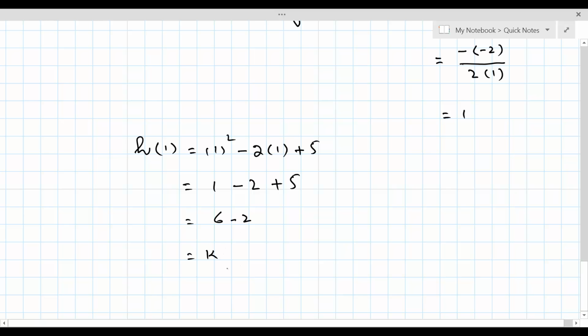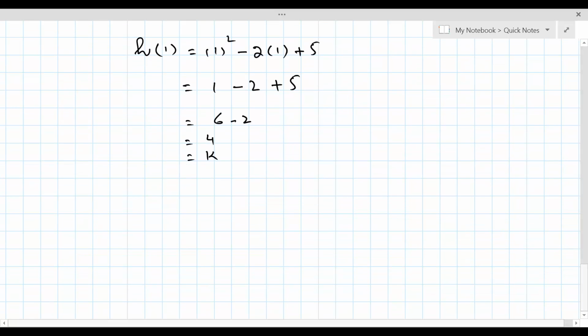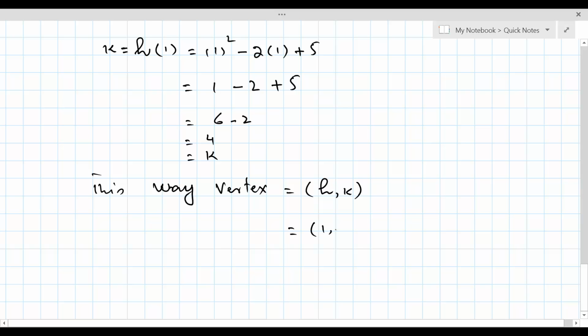So this is equal to k, which is here, that is equal to 4. In fact, we should have written k over here, and this way the vertex is equal to (h, k), or it is (1, 4).